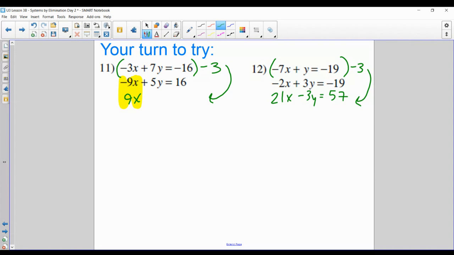And so what I've set up in that one is the matching but opposite y values. So finish those. I'm going to pause your video right now, try both of those, and then I will show you the answers.